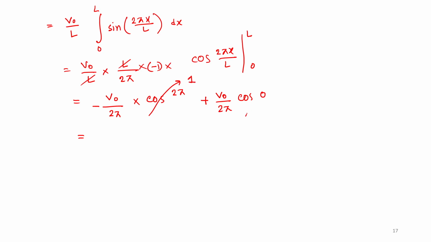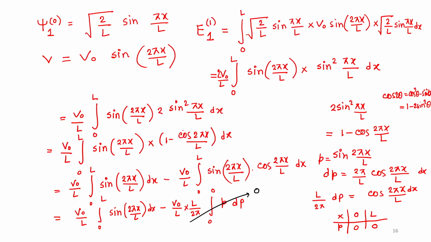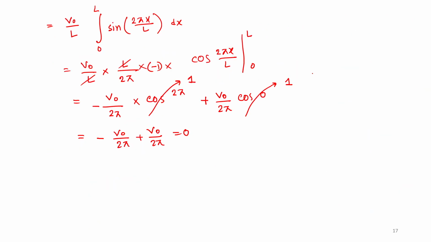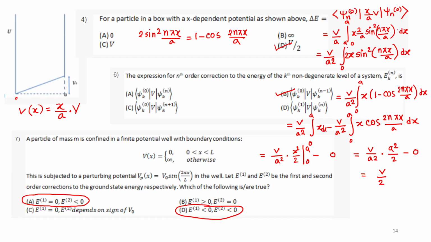So this is V0 by 2 pi plus V0 by 2 pi. Okay, this is also 0. So as you can see, your first order correction to the ground state is 0.